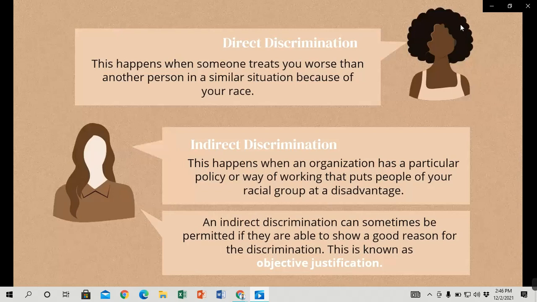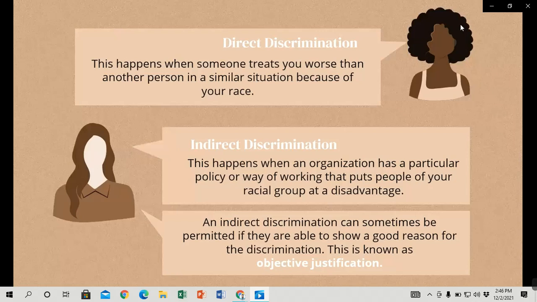You need to take the service of this bank, and they will not let you have this promo or service because, for example, you need to have lived in the country for at least 2 to 3 years. But that is also indirect discrimination because you are not given the services. However, there is a good reason for it.